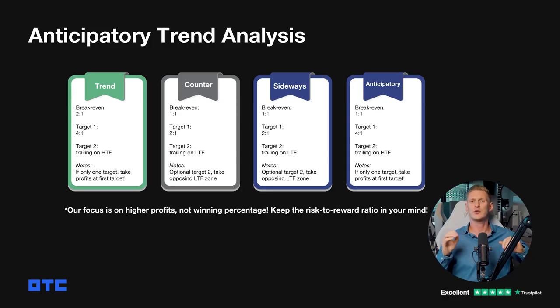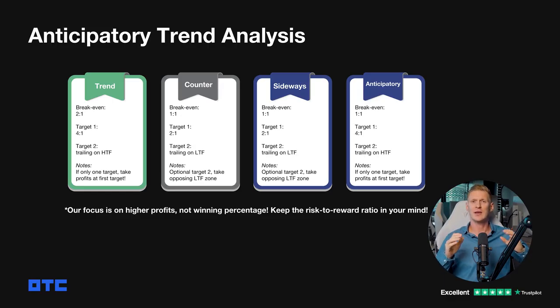Let's begin with trade management rules for trend trades. These guidelines help you manage lower time frame LTF zones within the ideal context of a higher time frame HTF trend. Break-even rule. Once your trade achieves a 1:2 risk to reward ratio, move your stop loss to break even.